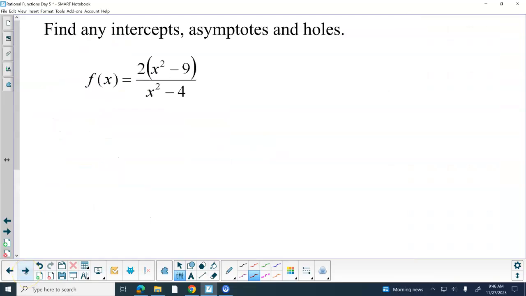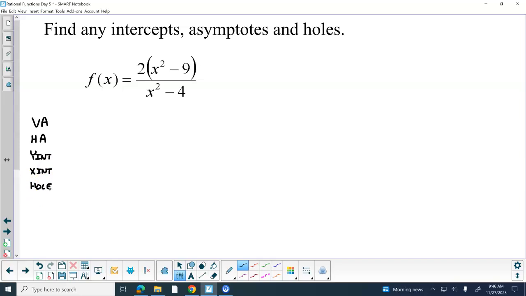So, just based off of this function, not graphing this one, find me any intercepts, any asymptotes, and any holes. So we would need vertical asymptotes, horizontal asymptotes, my y-intercept, my x-intercept, and if there's a hole. Okay?